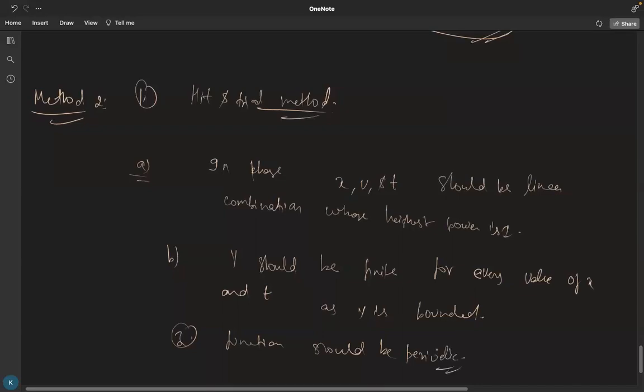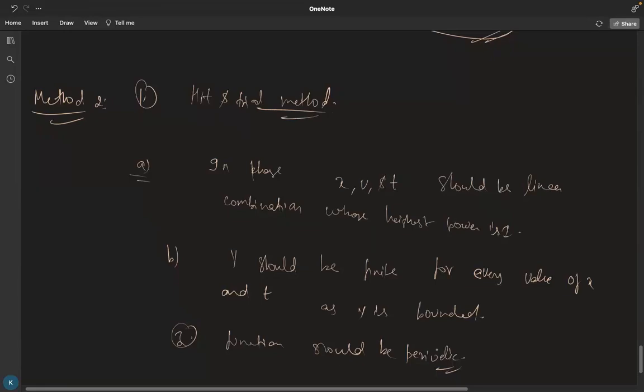Let me tell you again, to qualify an equation as a wave equation, we have to follow certain things. The first is that the given equation satisfies the linear wave equation, in which velocity of wave squared times curvature is equal to acceleration of particle.